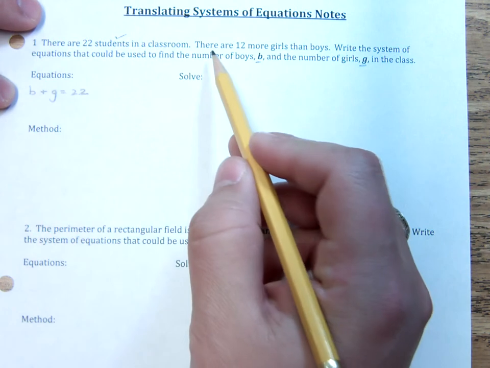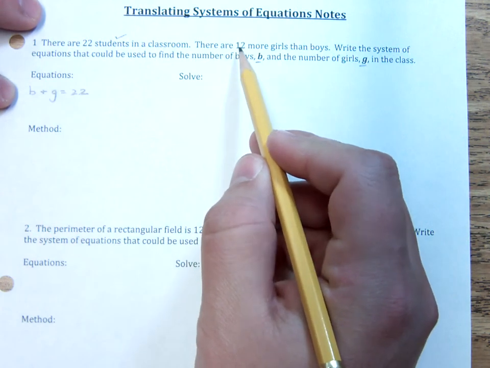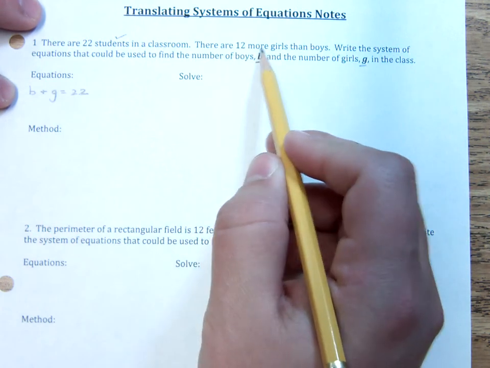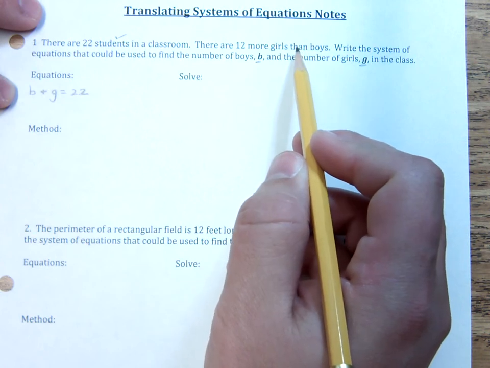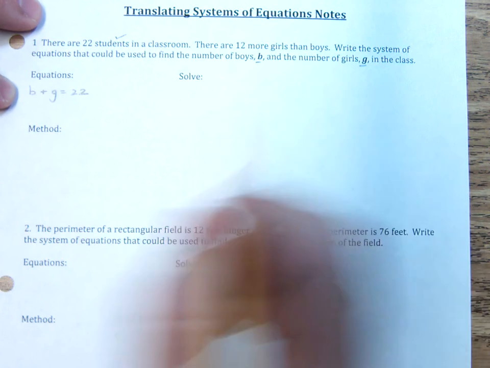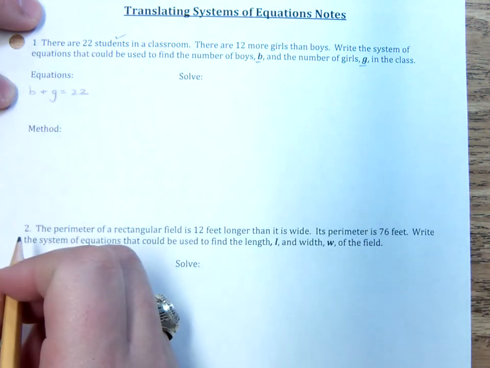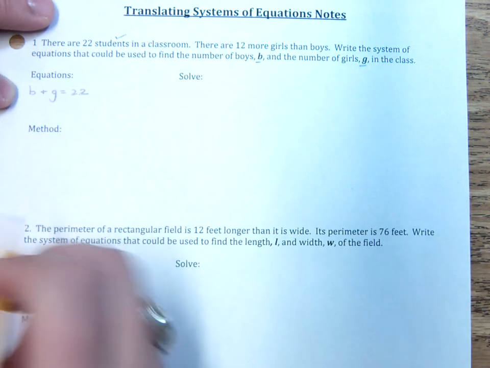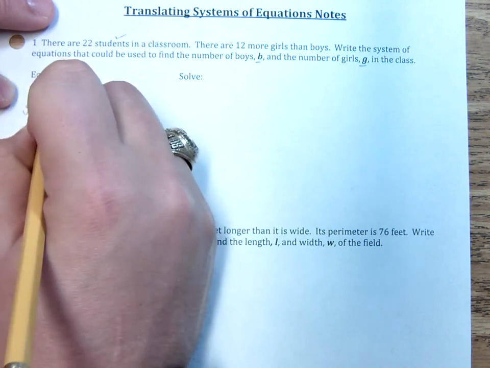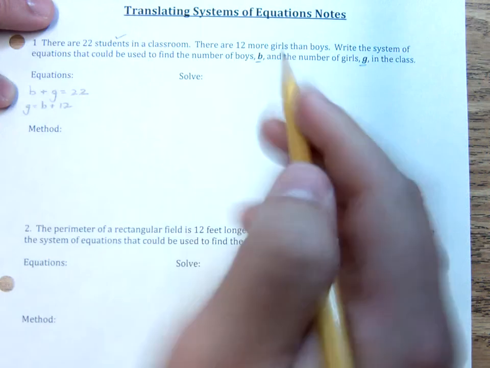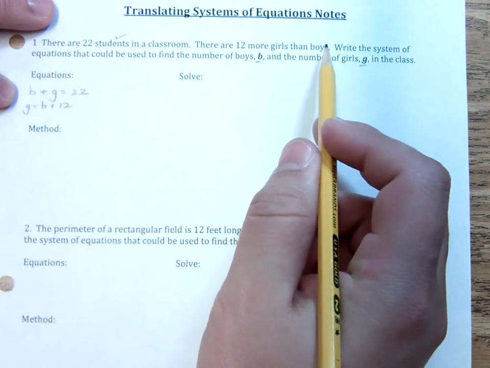Okay, the next thing, let's just read it as: there are 12 more girls than boys. Okay? So, girls equals, we know, boys plus 12, right? Because it says there's 12 more girls than boys.